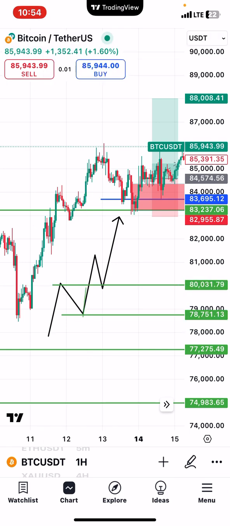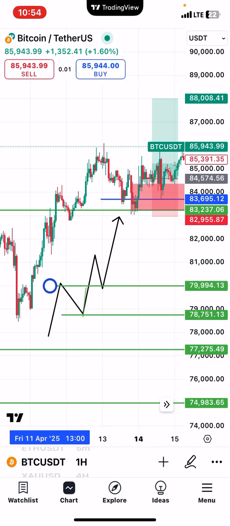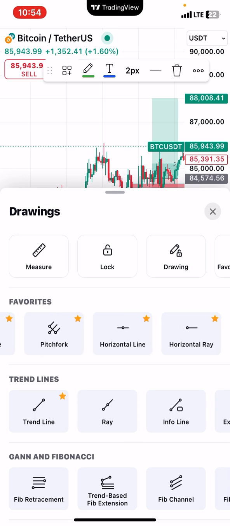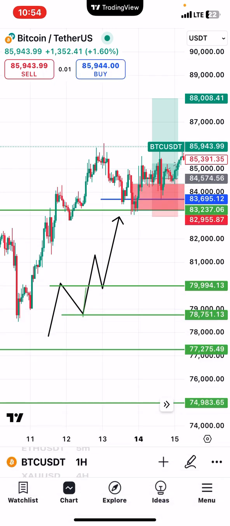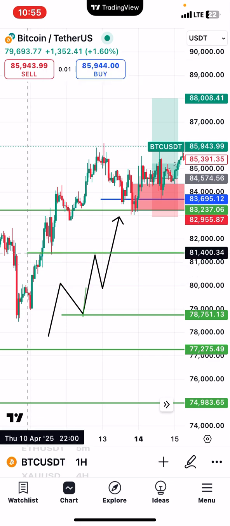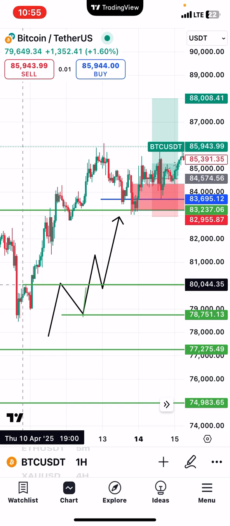Once price breaks out like this, you have to wait for price to drop down to that zone before you look for where to buy. When it breaks out, you have to wait until it comes back to this zone at 80,000. Then you can buy your Ethereum.